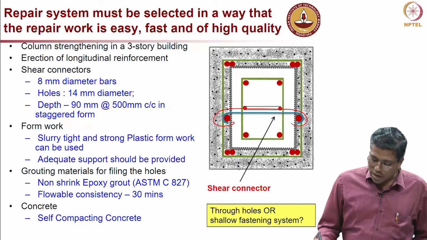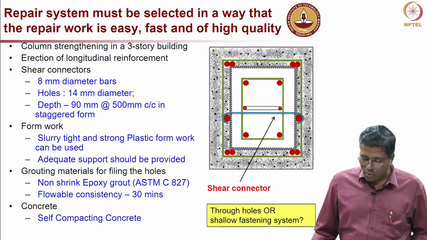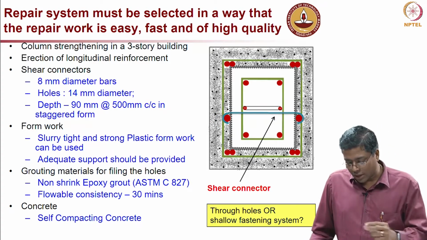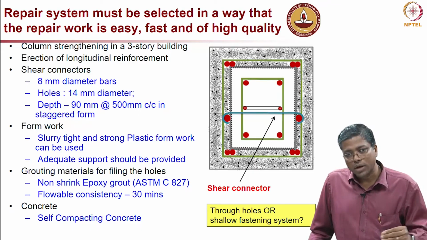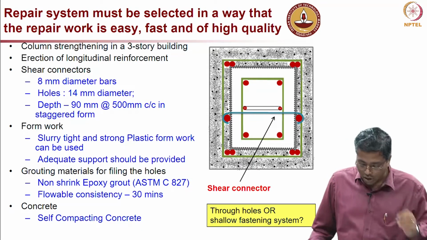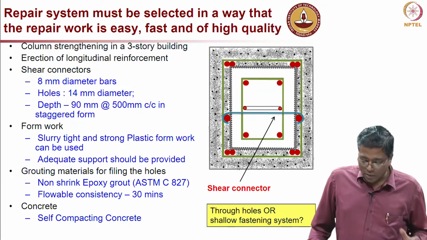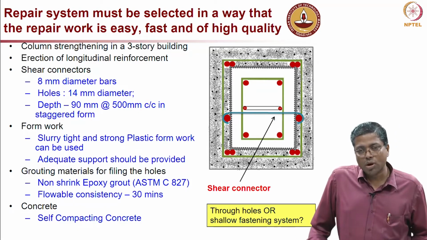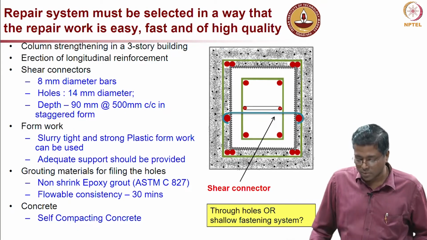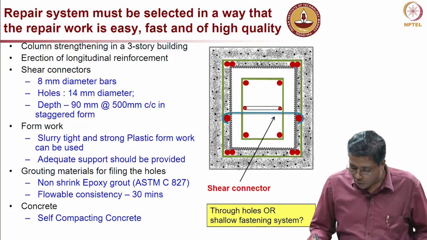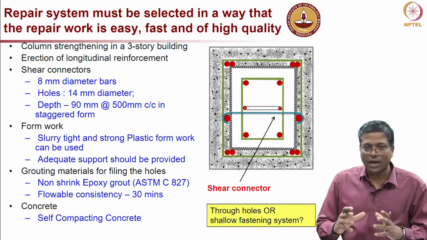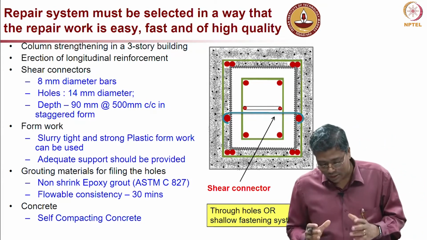The recommendation is actually to drill a hole through the existing concrete and then provide this hook. But when it came to the site, there were a lot of challenges, because even providing and holding this hook, you have to think about how to do this in a practical way.